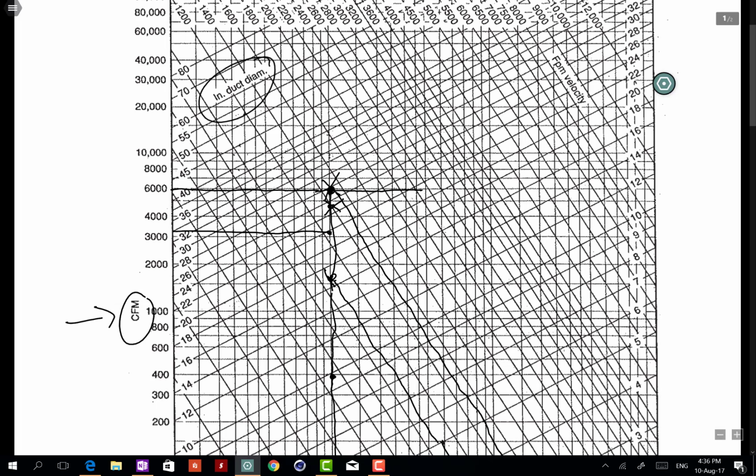So we need to plot into the ducting diameter. It's around here, 28 inch. Then we can plot another, 25 inch. Then do the rest of the sections.